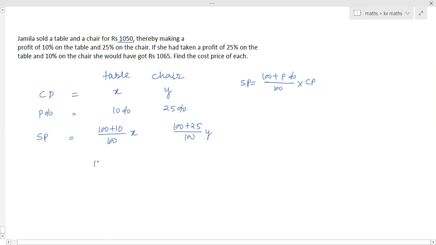So write this in proper order: 110 by 100 x plus 125 by 100 y is equal to 1050. Don't simplify anything right now. Multiply through: 110x plus 125y is equal to 105000. This is the first equation.